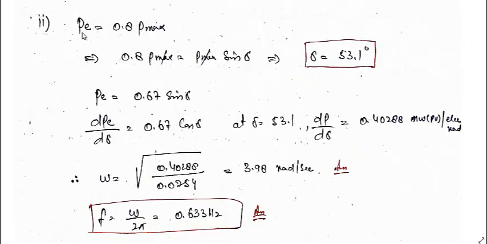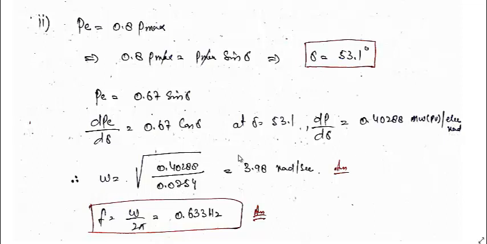Now if P is equal to 0.8 Pmax, 0.8 Pmax is equal to Pmax sine of delta. That means in this case, delta naught will be equal to 53.1 degrees. Now P again is equal to 0.67 sine of delta. Del P by del delta is equal to 0.67 cos of delta at 53.1 degrees. Del P by del delta is equal to 0.4028 megawatt per electrical radians.